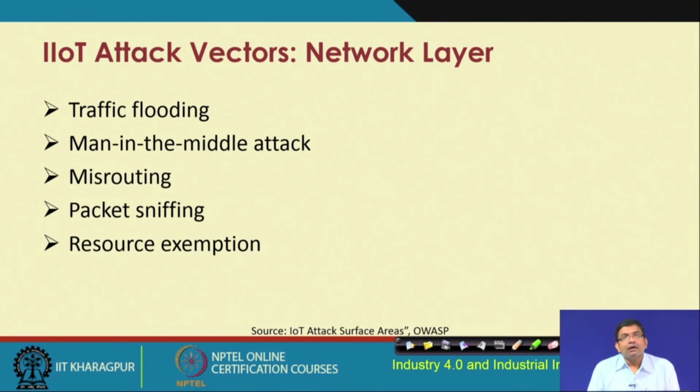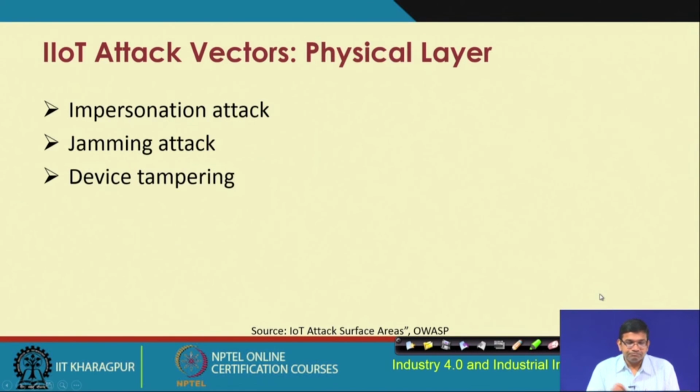Packet sniffing is staying in between and trying to sniff the packets that are traveling in a communication channel. Similarly, resource exemption attack is also possible at the network layer, which I have already mentioned in the previous slide.